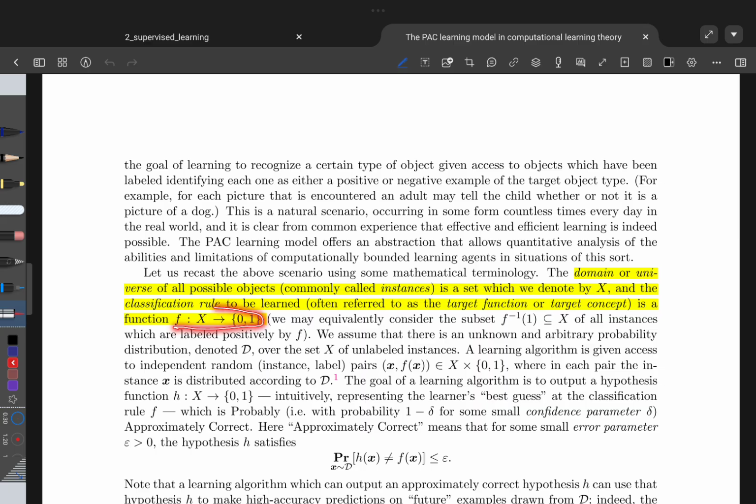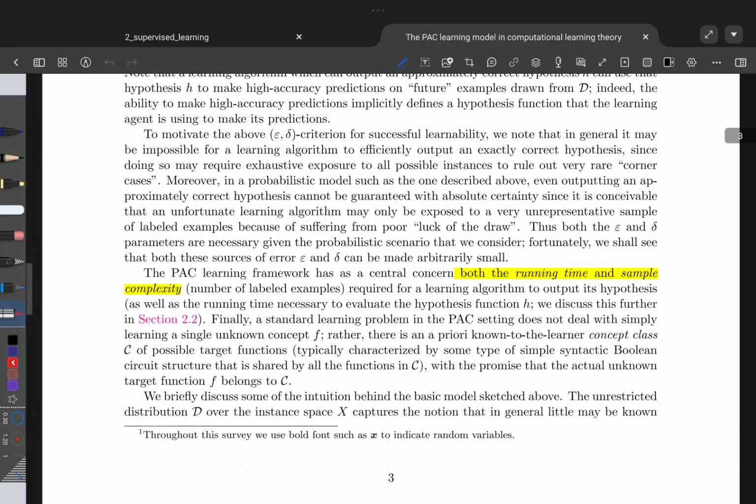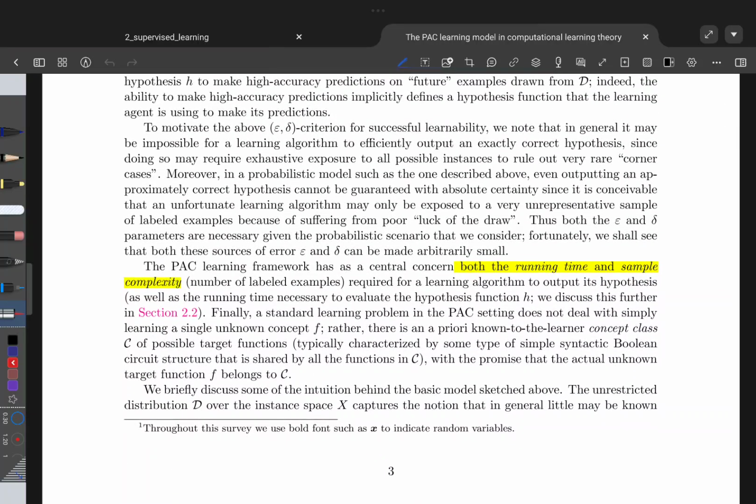So there is some unknown function f, and the goal is to learn this particular function. The main focus is not just the sample complexity, but also the running time. We assume that every basic operation, let's say multiplication, addition, division, comparison, all of these take unit time, and for a given number of samples n, how does the complexity scale with n?